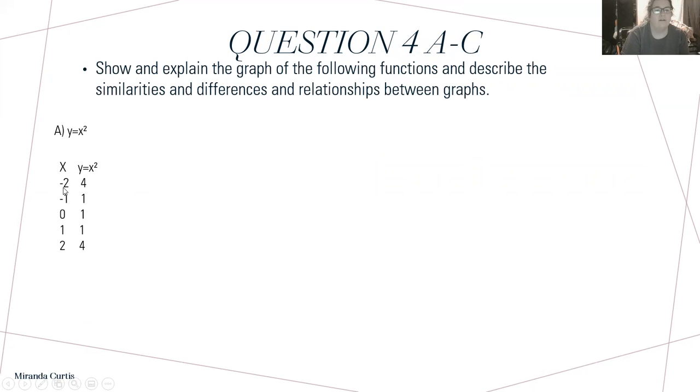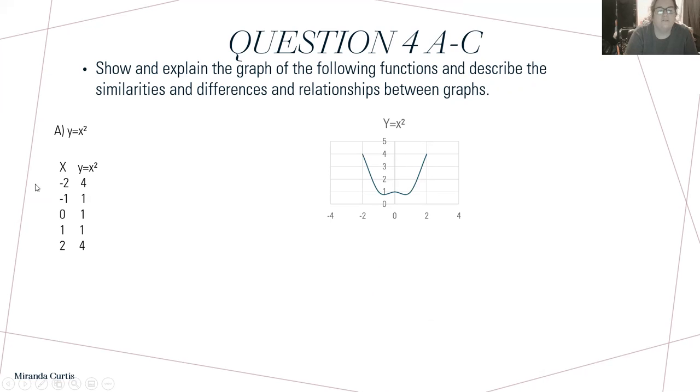We have x right here: -2, -1, 0, 1, and 2. What we're going to do is fill these in. So -2 squared is 4, -1 squared is 1, 0 squared is 0, 1 squared is 1, 2 squared is 4. Okay, and this is our graph right here.